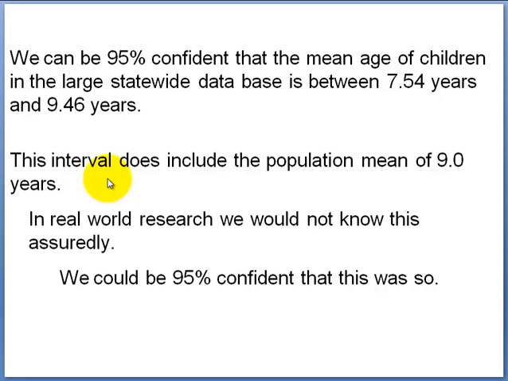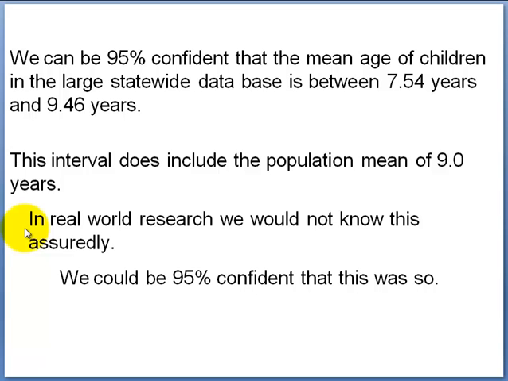Now, this particular interval does indeed include the population mean of 9 years. We know the population mean is 9 years because we were presented with that in Chapter 12 for learning purposes. But in real-world research, you would not know the population mean. Indeed, your purpose is to establish a confidence interval for that mean.